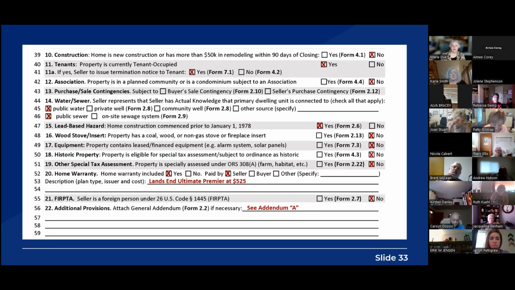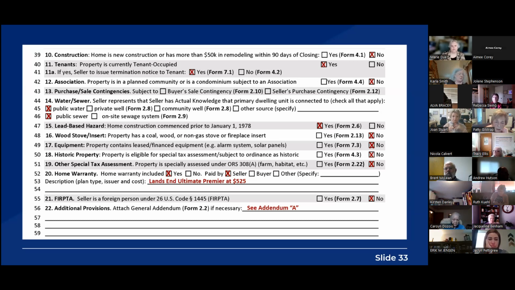Lead-based hazard. If it was built before 1978, it needs to have it. Now, one of the questions that I get asked often on this is that some of the counties will say the house was built in 1933, but its effective date is 1983. You have to go with the furthest out date.